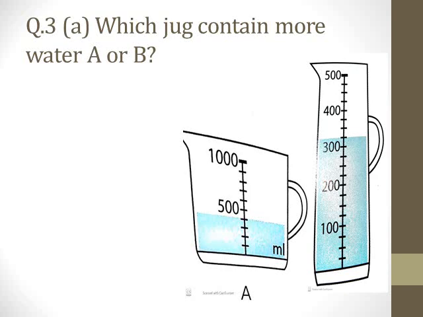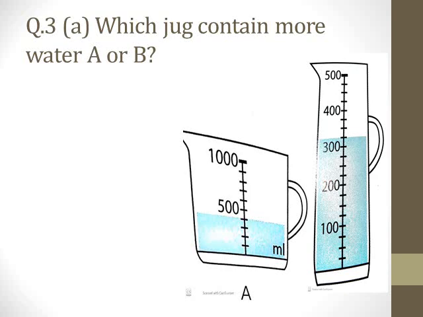Starting from the bottom: 1, 2, 3, 4 and 5. On the fifth interval you can find 500. Then I'll move forward up to 1000: 1, 2, 3, 4, 5. Exactly. After 5 intervals I will find our 1000.